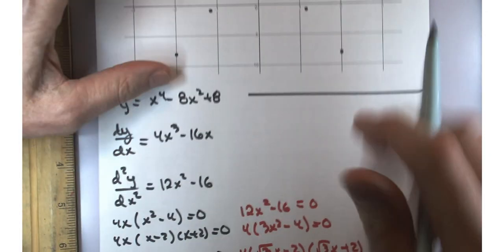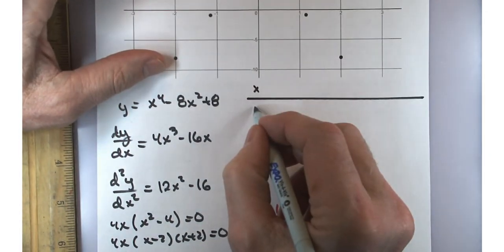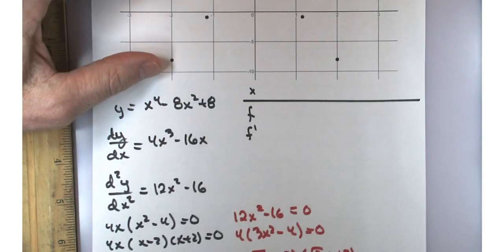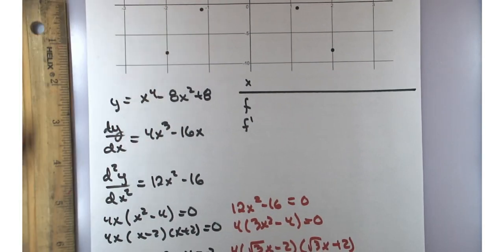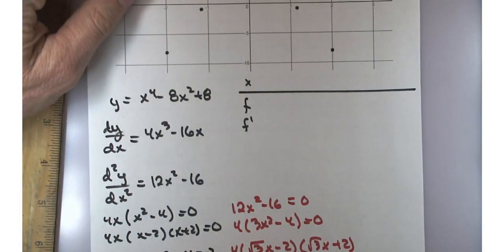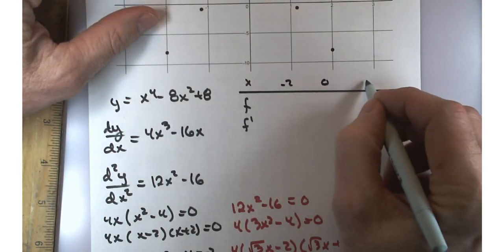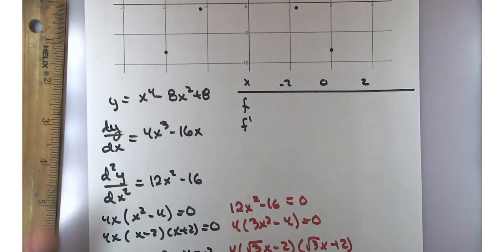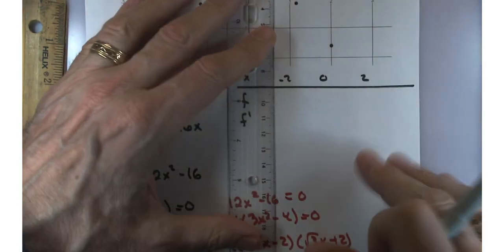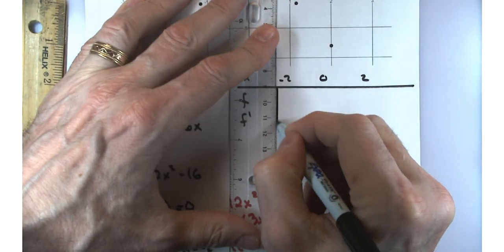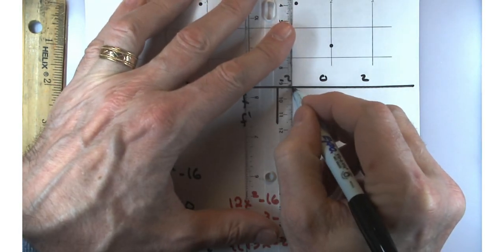So I'll start with the first derivative, x, f prime. We had roots at negative 2, 0, and 2. It's very helpful to put these in order in your tables. So let's do a little table for all of these.